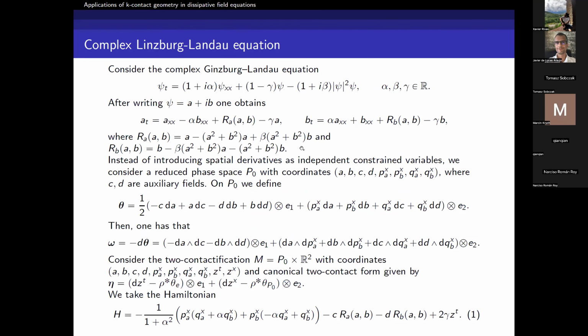It is a similar method as before, but with more coordinates. We define A, B, C, D with momenta, and we also define the one form in this way, where this one is the Liouville form and this one is the basic form.